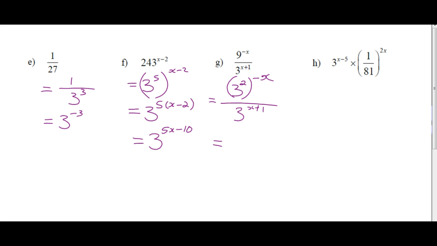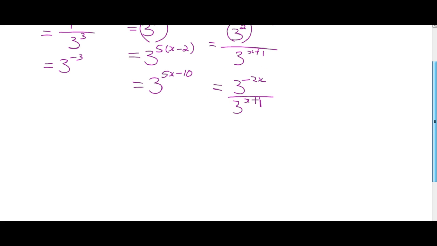Power to power, what do you do with the exponent? You multiply. What's 2 times negative x? Negative 2x. Negative 2x. Thank you. 3 to the negative 2x over 3 to the x plus 1. Okay, when you divide powers with the same base, what do you do? You subtract. So it's negative 2x minus x plus 1.